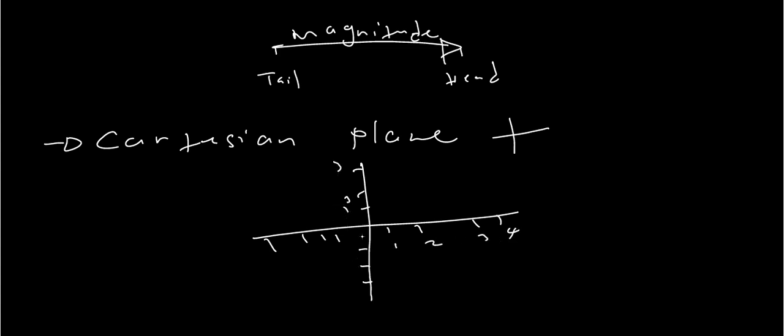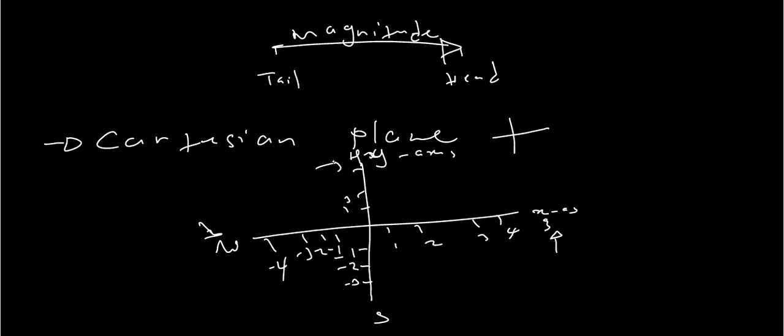On this side we're going to have -1, -2, -3, and -1, -2, -3, -4. This represents the y-axis, this is the x-axis, and this is north, this is south, this is east, this is west. These represent directions, and these values will be representing the magnitude.